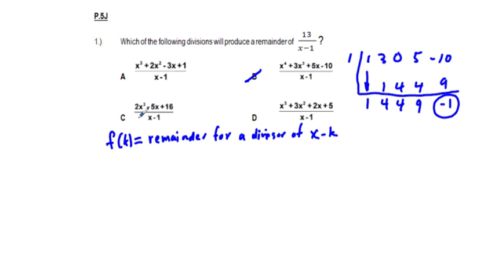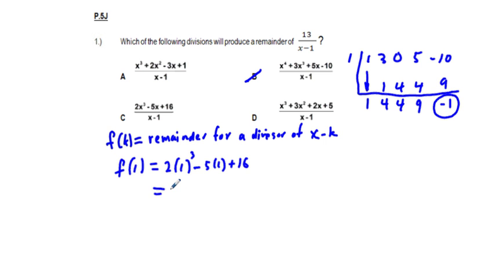So for answer choice C, we can plug in f of 1 equals 2 times 1 cubed minus 5 times 1 plus 16.